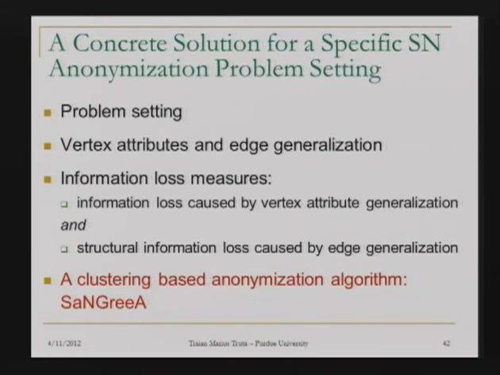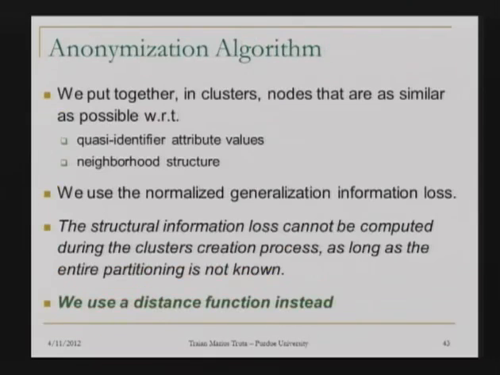Even the k-anonymity problem for a social network is an NP-complete problem, so this is one reason why we didn't even try to search for an optimal solution. The anonymization algorithm puts together, in clusters, nodes that are as similar as possible with respect to both quasi-identifier attribute values and neighborhood structure.